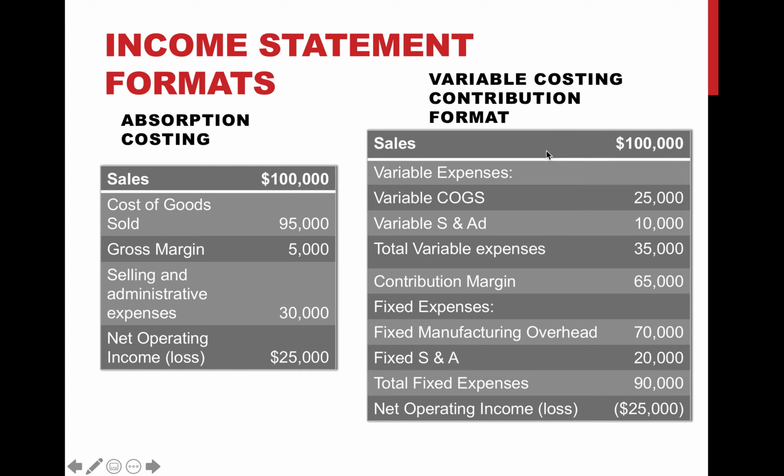In the variable costing contribution format, you have the sales. If you have units sold times selling price per unit, you always reach the sales. After this, you have the variable expenses, no matter where they're coming from. So you have variable cost of goods sold and variable selling and administrative.